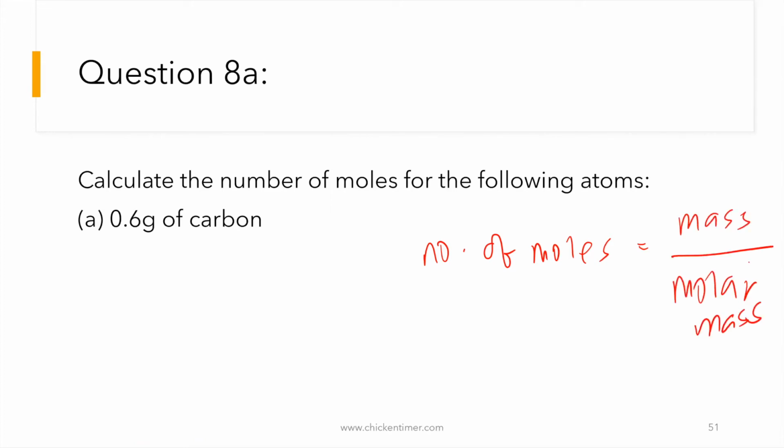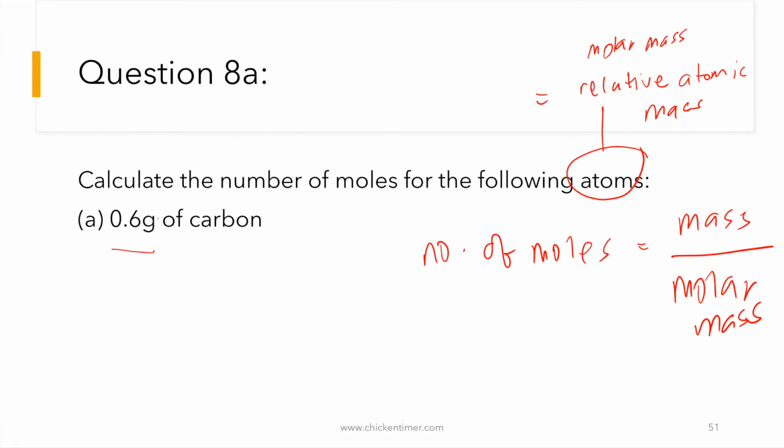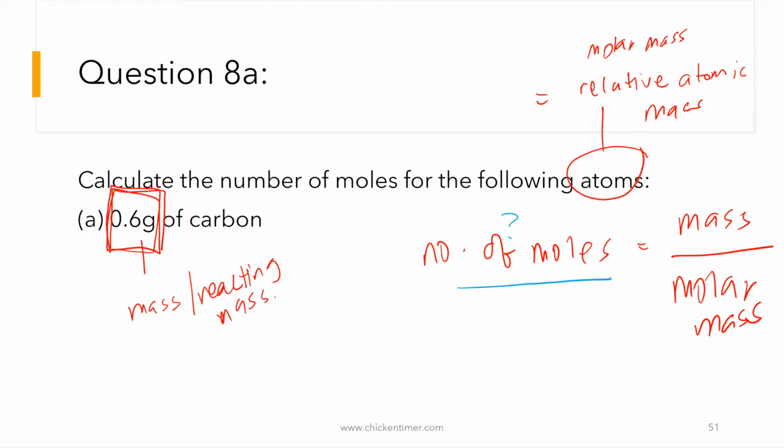So we are given question 8a. They say calculate the number of moles of the following atoms. If it's atoms, molar mass is the relative atomic mass. The info given in the question is the mass, or you call it the reacting mass. Number of moles is what you want to find. The reacting mass is 0.6.